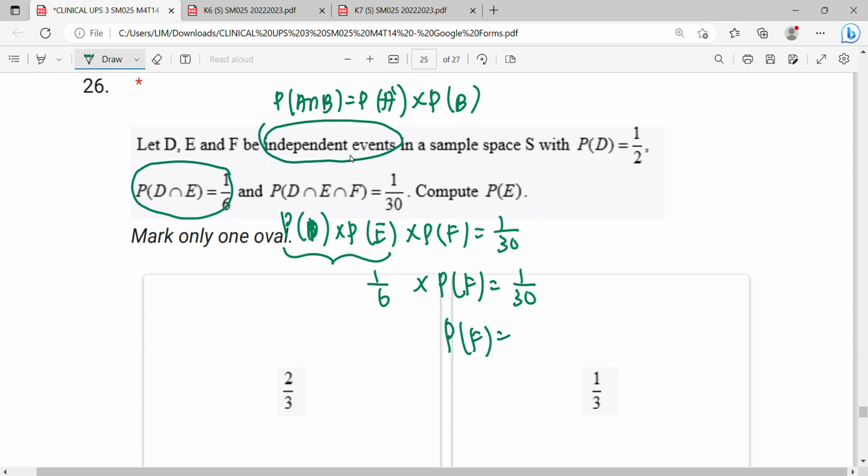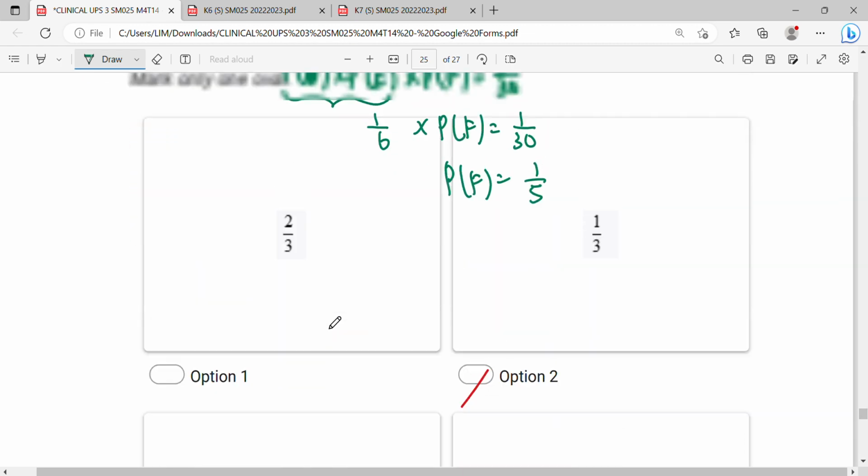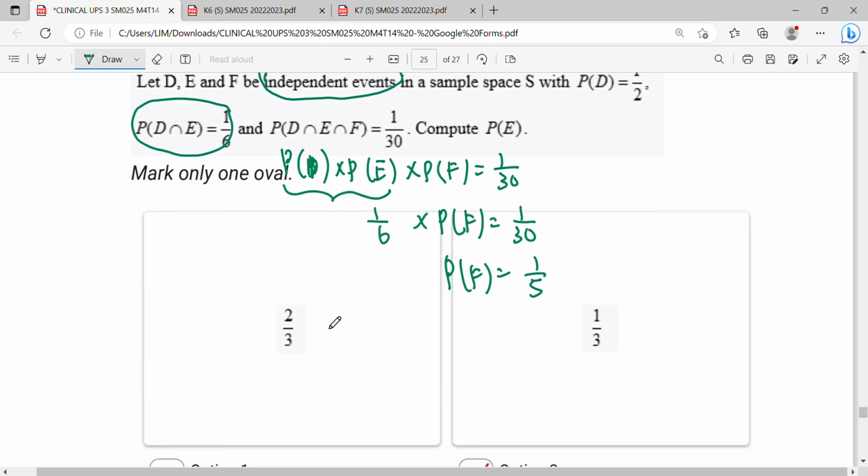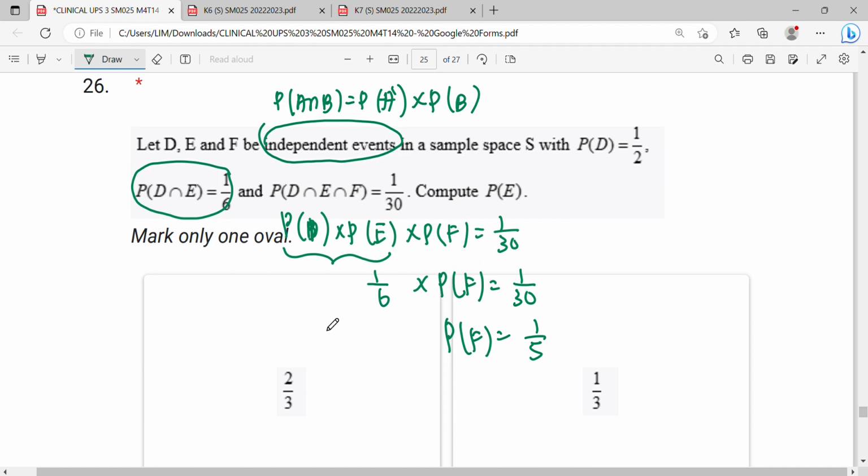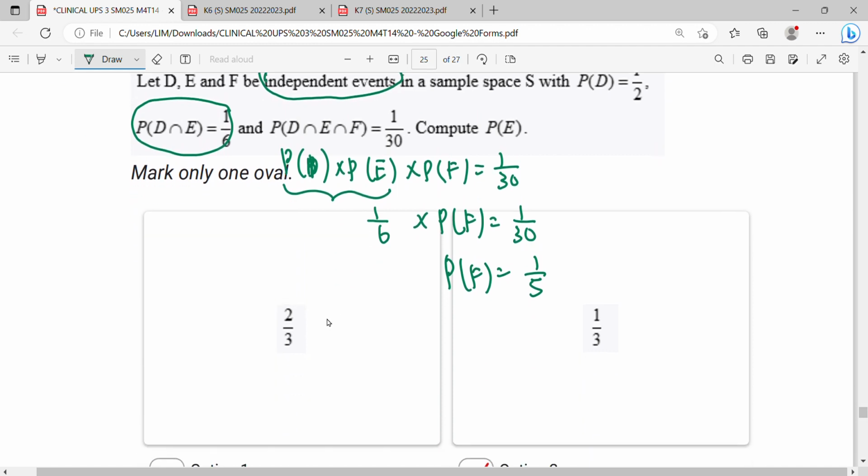Multiply 6, 1 over 5. Betul ke? PE. Oh, so saya kena betulkan.